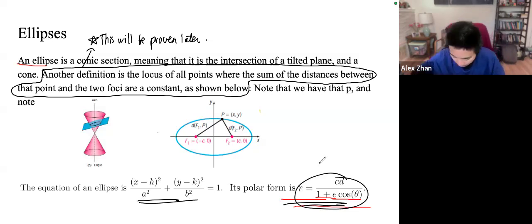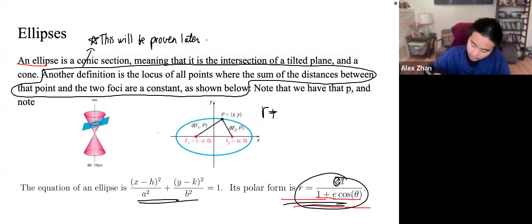We can just apply what we did last class. First of all, this becomes r plus r times e times cosine theta. And e represents eccentricity. Either way, e is a constant, and it is unique to each ellipse.